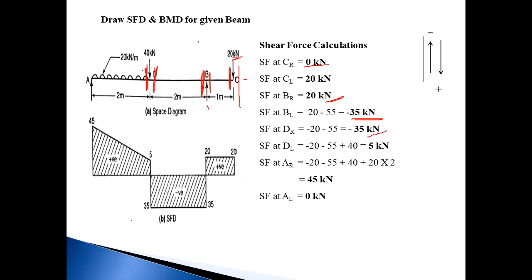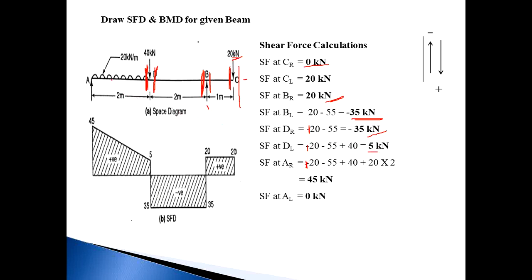The total number of forces on the right side is 3: 20 kilonewton, second RB, and third 40 kilonewton. Downward forces are considered positive, upward forces negative. So this is plus 20, because it is a downward force, minus 55 and plus 40. So the answer is plus 5.